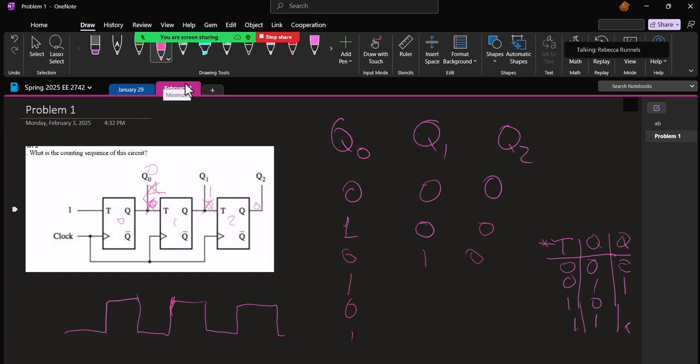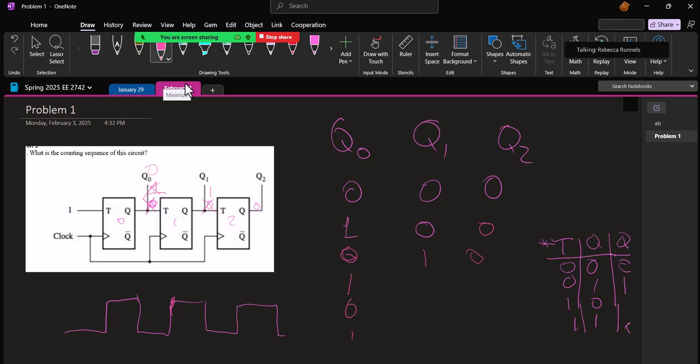So what we have to pay attention to is its input, and its input is the value of Q0 from the time before. And the time before, Q0 was 0. And what does a T flip-flop do when its input is 0?